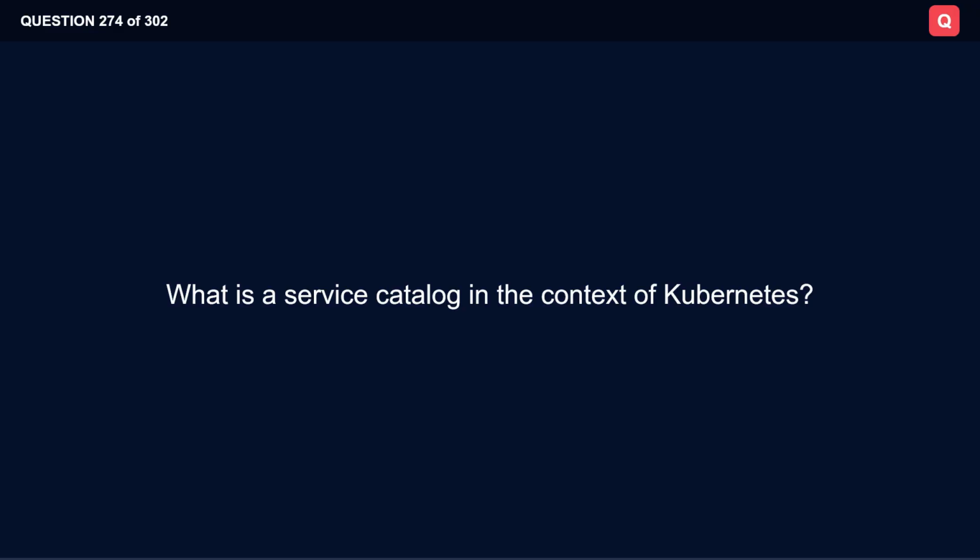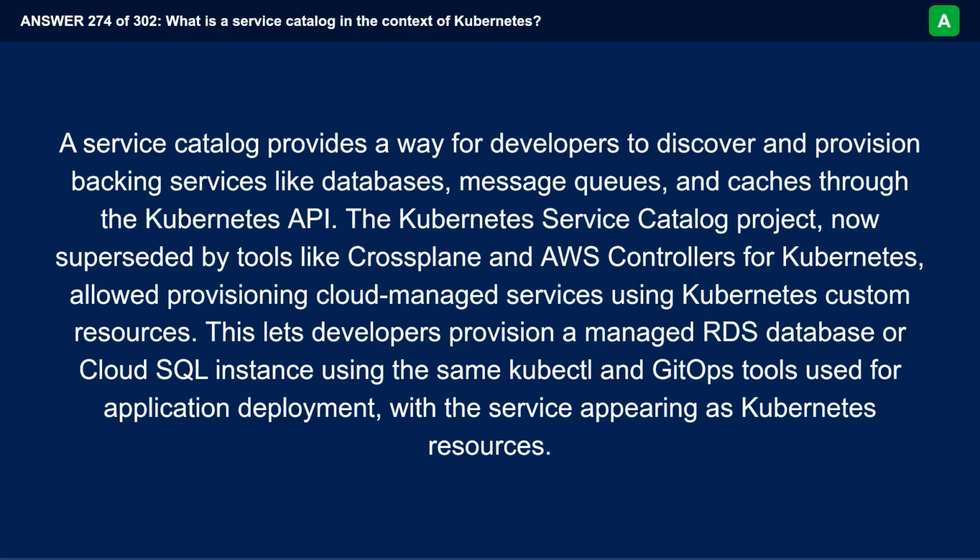What is a service catalog in the context of Kubernetes? A service catalog provides a way for developers to discover and provision backing services like databases, message queues, and caches through the Kubernetes API.